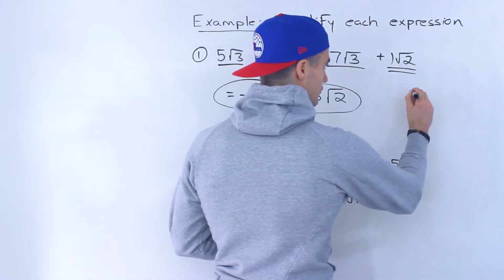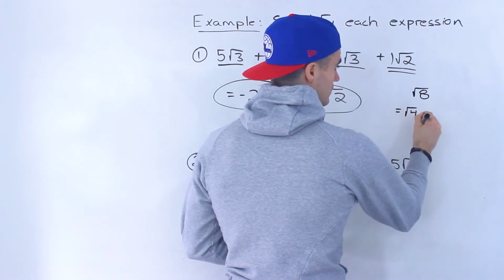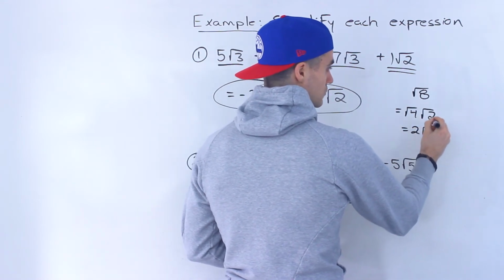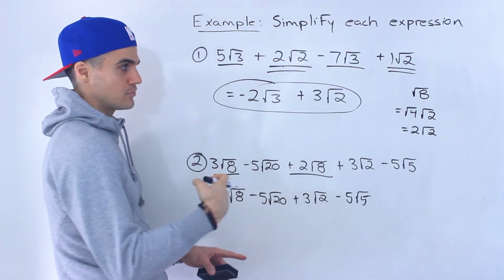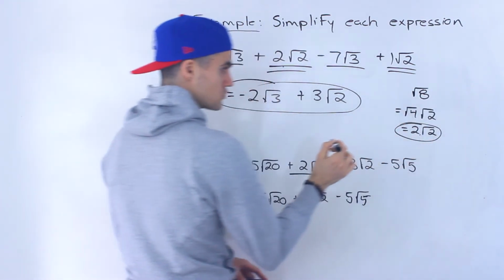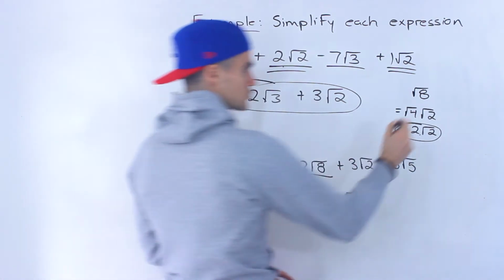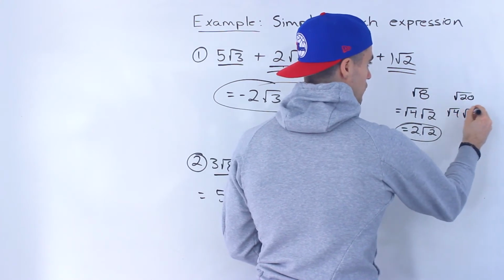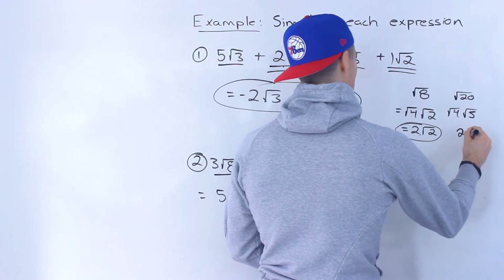On the side here, if I show you square root of 8, we can write that as root 4 times root 2, which gives us 2 root 2. So you always want to look at the radicals and see if you can simplify them. Root 8 is the same as 2 root 2, so we're going to plug that in here. Then root 20 we can rewrite as root 4 times root 5, which gives us 2 root 5.